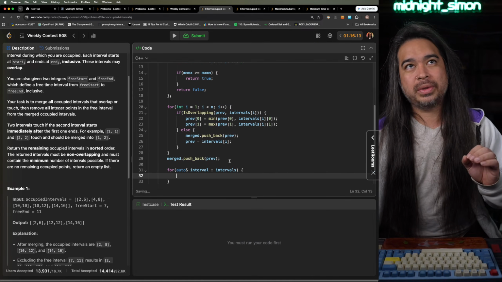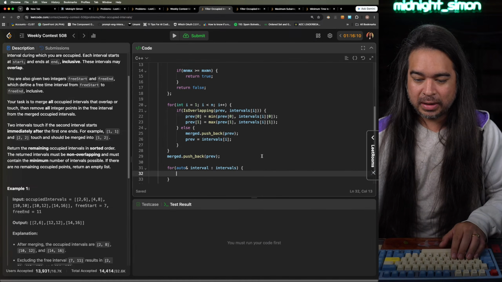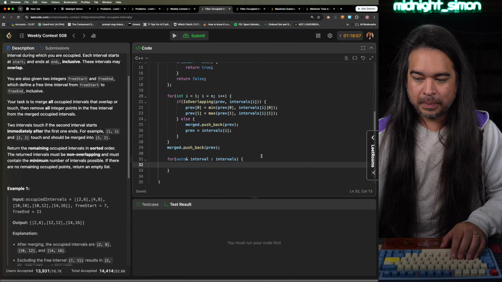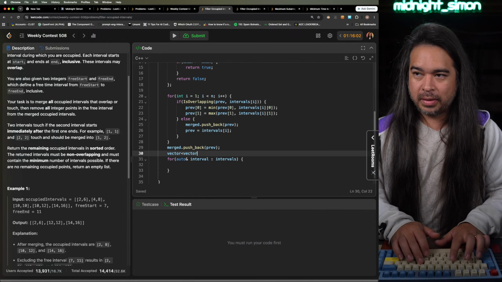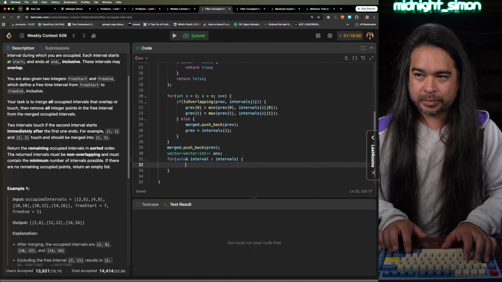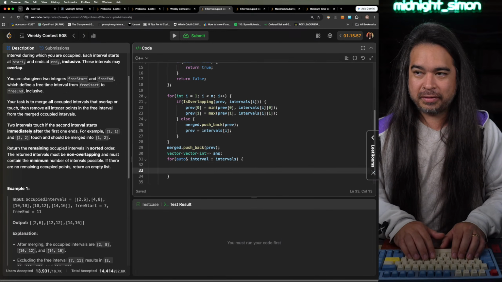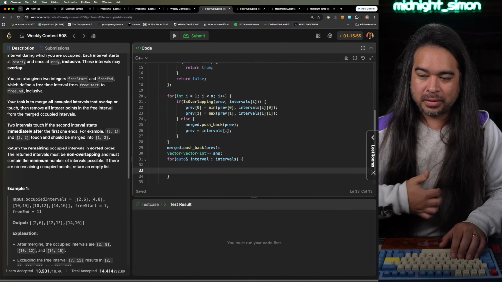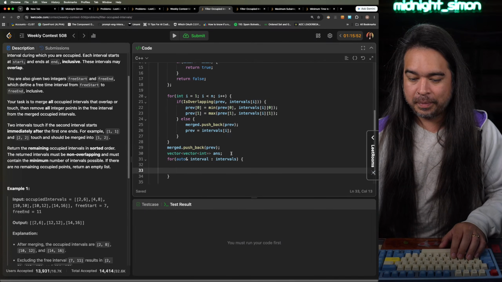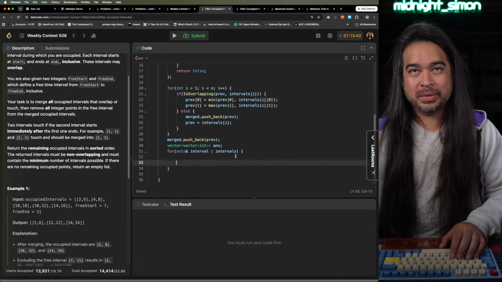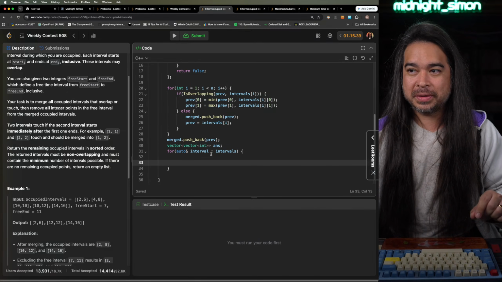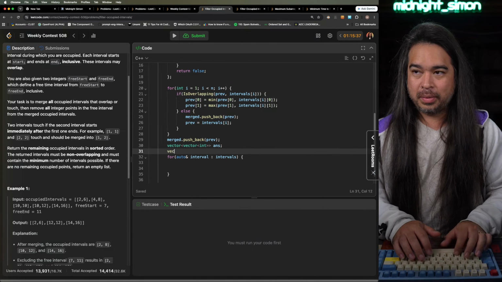So I'm iterating through all of our intervals now, and I'm gonna say, what am I gonna say? Let me make an answer. So I'm gonna say if, what am I trying to do here? I'm trying to find out which of these intervals overlap with my bad interval.